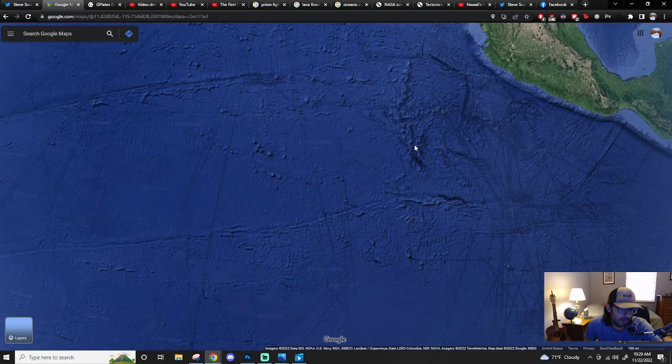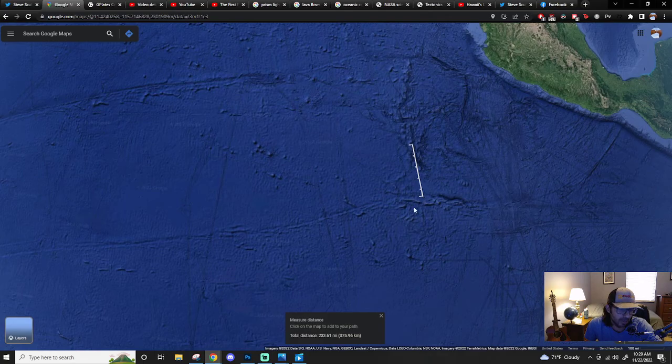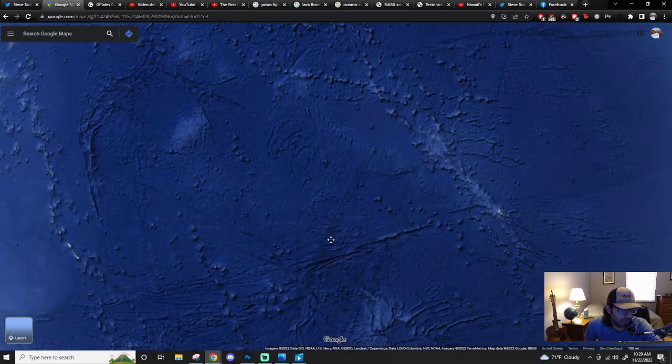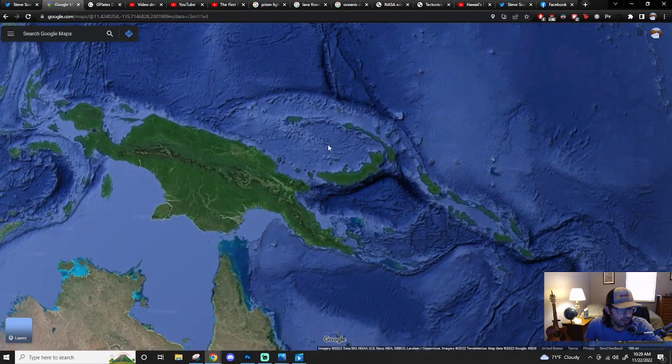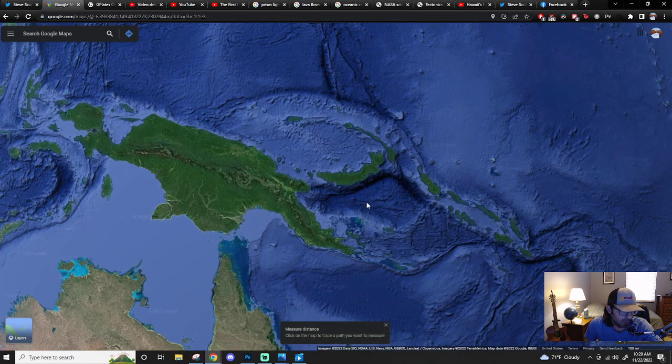Let's see what maybe is like this distance away from here, 235 miles. Is there something of interest like 235 miles from the center-ish of here to, this even looks like it trapped a portion of something from over there. What if I go to that?